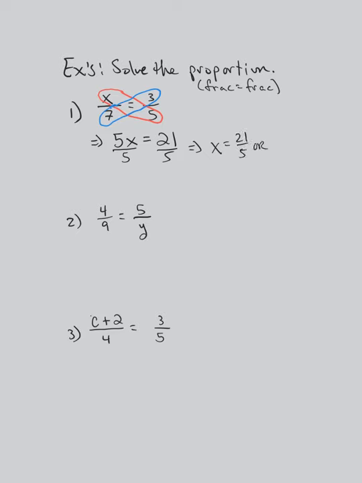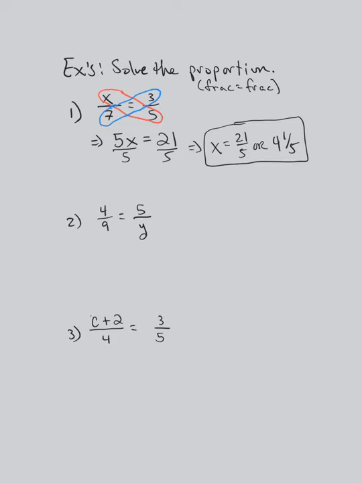And if you want to cover your bases, then also give the mixed form. I would encourage doing that. And we should be checking this. I'm just saving some time in the video, and we've talked about how to check. Just remember, if you're going to put a fraction into a fraction, make sure to use parentheses in that numerator. So if you're going to check that left side, you're going to plug in 21 over 5 for x right here.